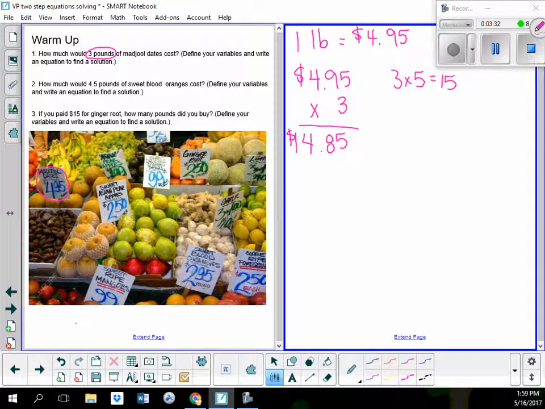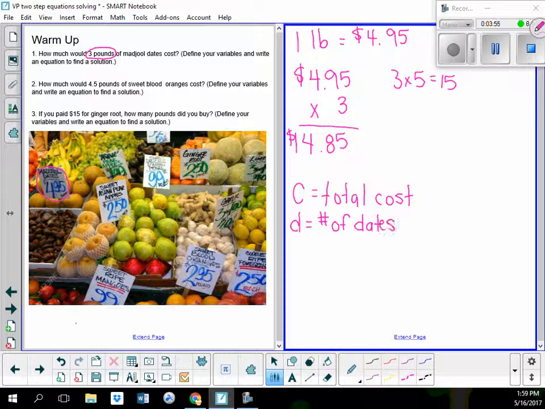So I'm going to write that as C, which is the total cost. I see that a lot of you are writing this down with me because you know this is important. That's so smart. And I'm going to have D be the number of dates.